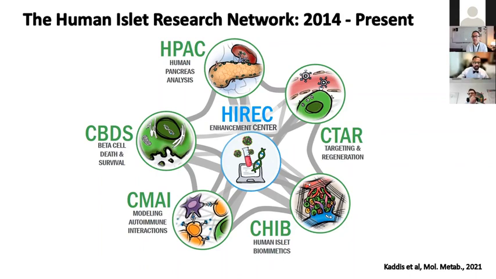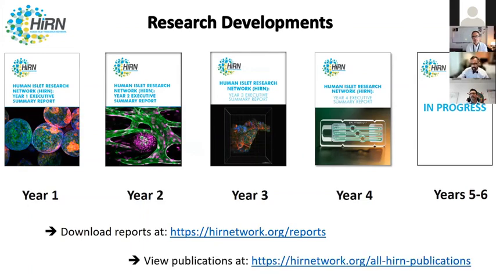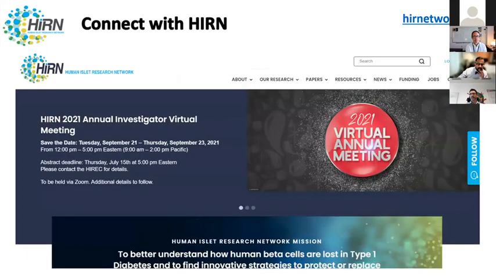And if you're curious about what these groups are doing, HERN publishes annual reports every single year that you can get on the website. The most recent report is in progress, and it should be out in a few months. There are also publications that come out and that we keep track of, so you can see all of those. Speaking of the website, we just released, and some of you may have noticed, a new HERN website where all of this information can be accessed.